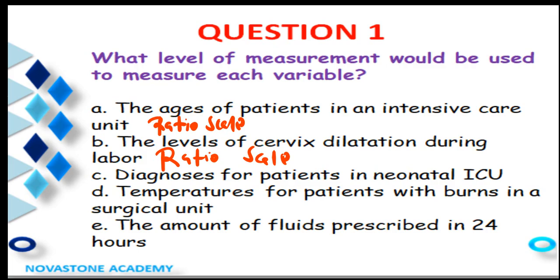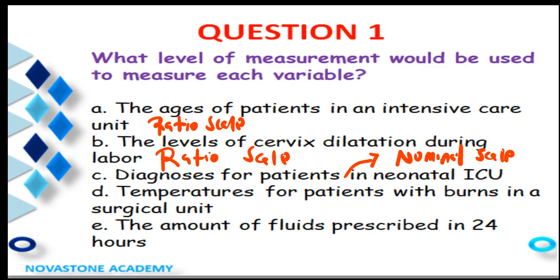Now you can categorize diagnosis, but there's no order that you're going to put on that. So you cannot say this is a better diagnosis than the other one. So this would be nominal. You are going to use the nominal scale.